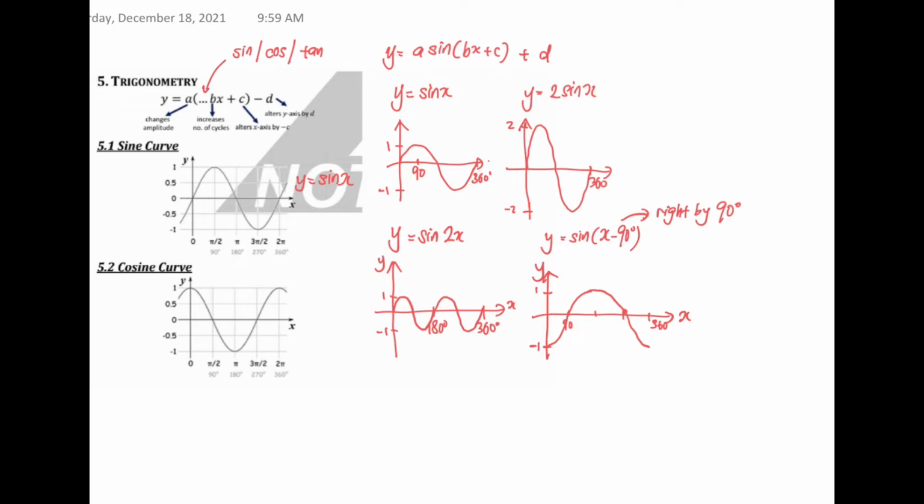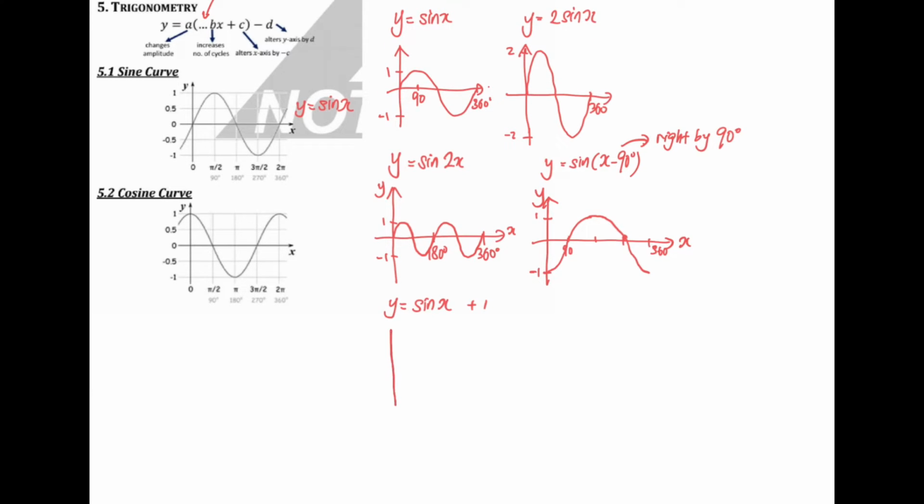After that, the d in front. The d here alters the y-axis. That means the graph will either go up or down, depending on whether it's positive or negative. Positive, it goes up. Negative, it goes down. So for example, if I have y equals sine x plus 1, what happens is the whole graph goes up by 1 unit. 0, 1, 2.